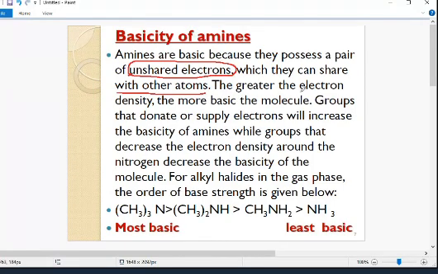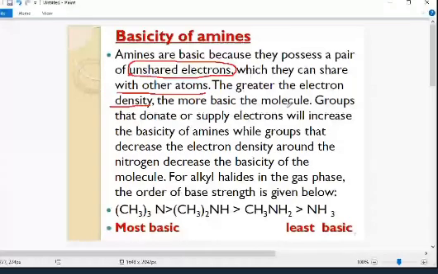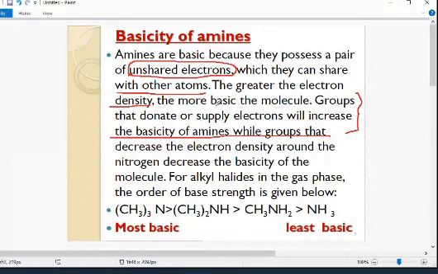And the greater the electron density, the more basic they are. So groups that donate or supply electrons will increase their basicity, because we are going to increase the electron density. If we increase the electron density, then we increase the basic nature of that particular substance.